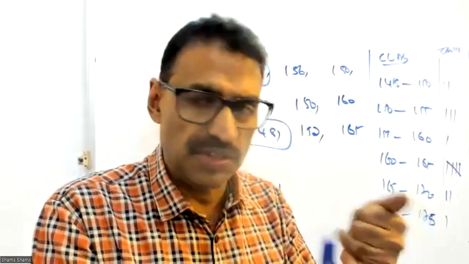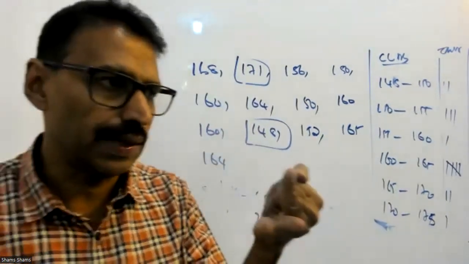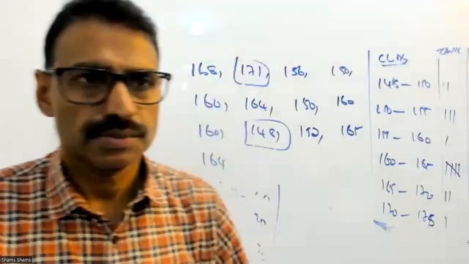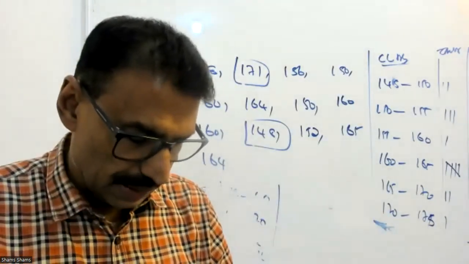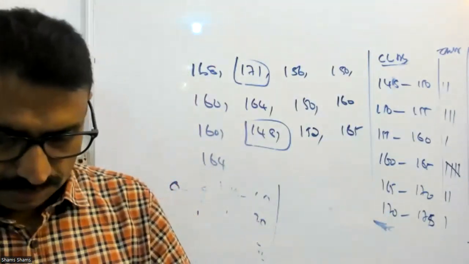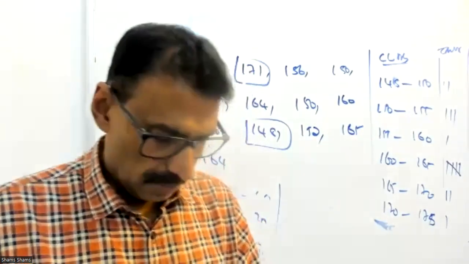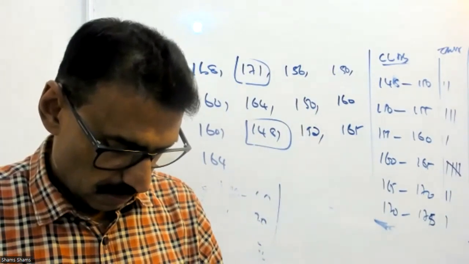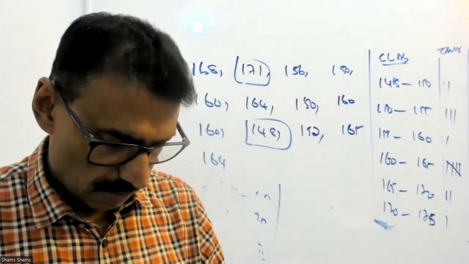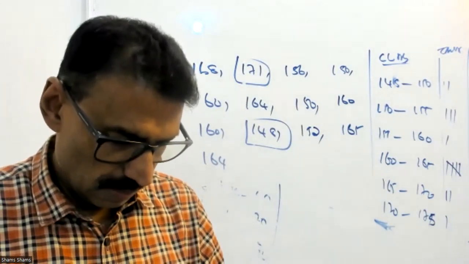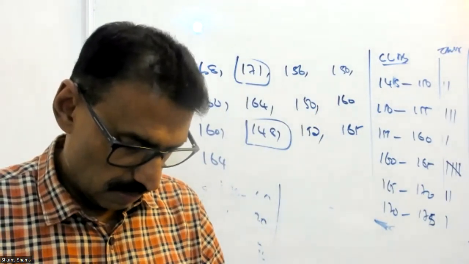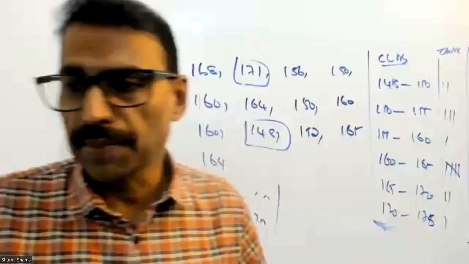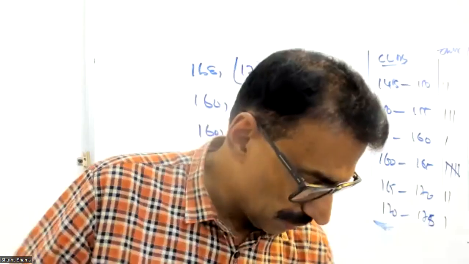Just note down. First is primary data, secondary data, range. Chapter name: statistics. First point, primary data.